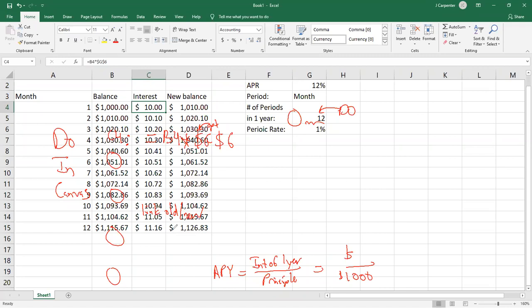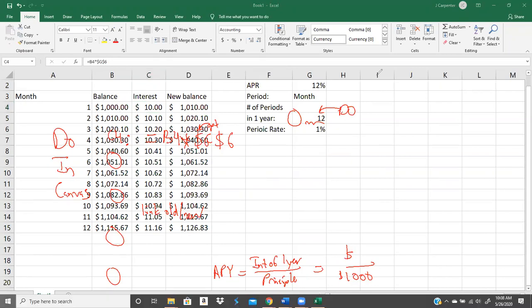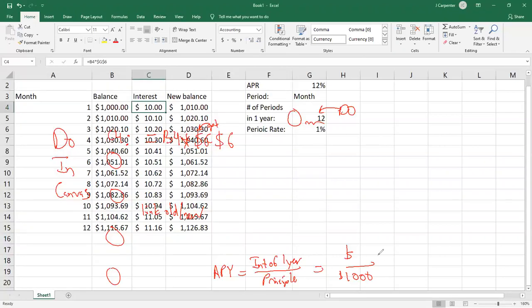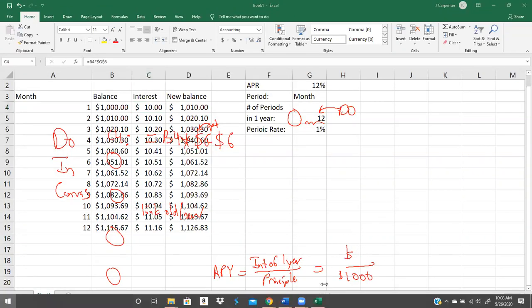So you'll take this number right here, which I'm not saying out loud because it was one of the answers that I need you to give me later. You will subtract the balance and you're going to get $100 and some dollars. And that $100 some dollars is what goes here in that APY formula.